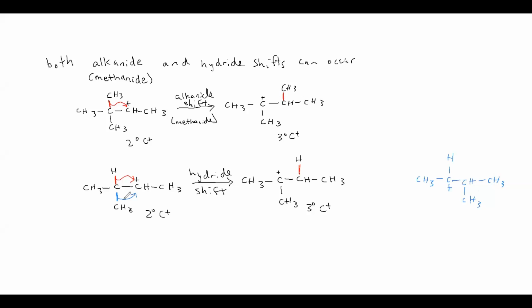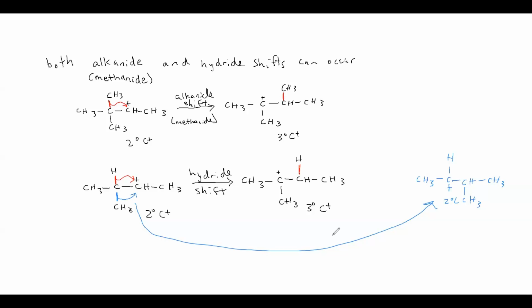Okay, and this path doesn't help us at all because we've gone from a secondary carbocation to another secondary carbocation. That's not any more stable, so we're not gaining anything by that. So that path does not happen.